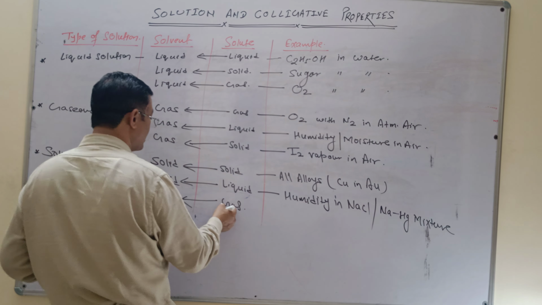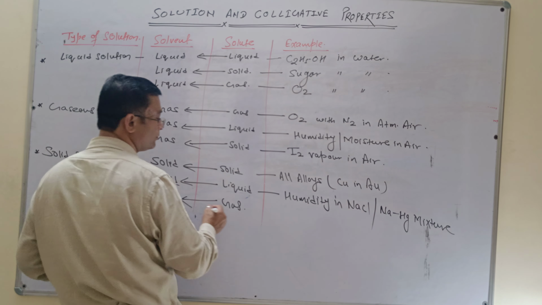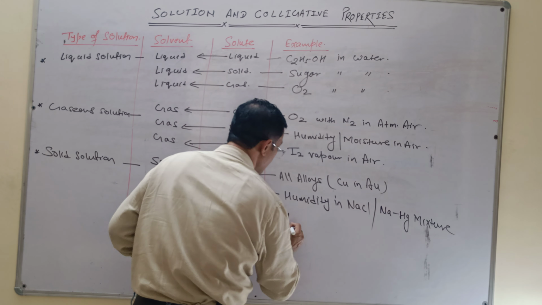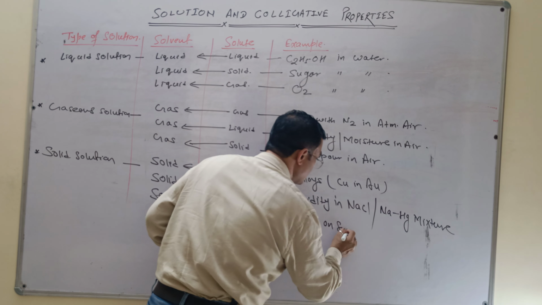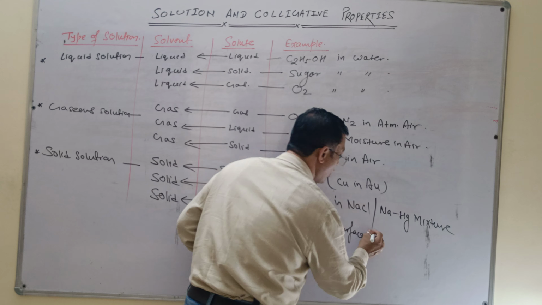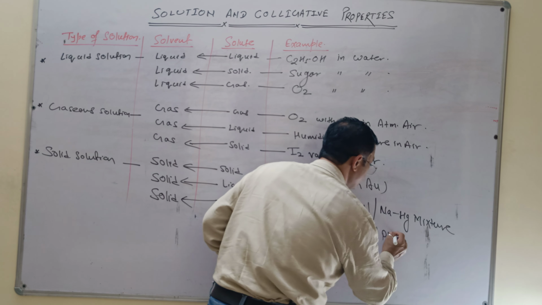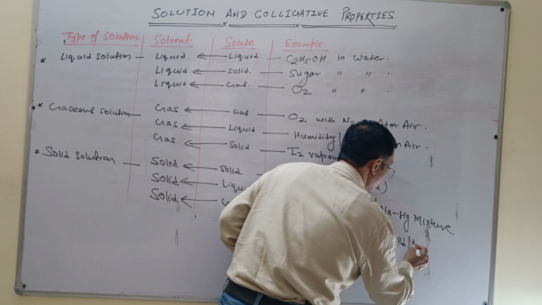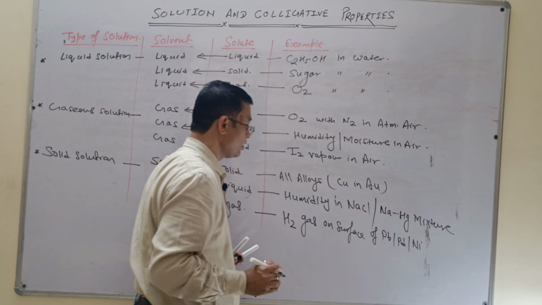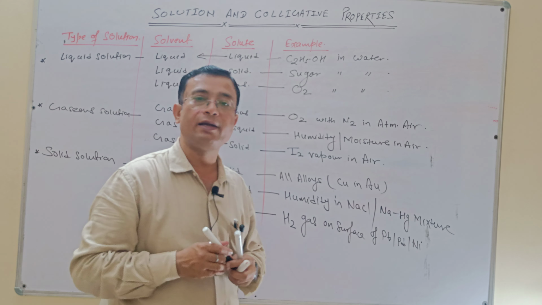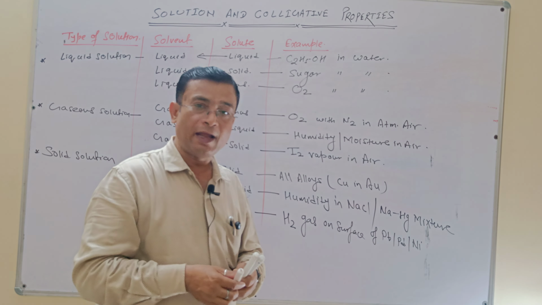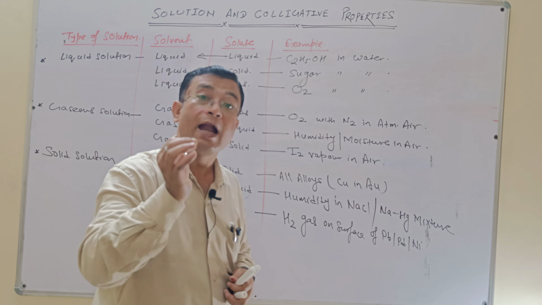In the same manner, the gas dissolved in the solid, then what you can say here: hydrogen gas on the surface of platinum, palladium or nickel catalyst. When hydrogen gas comes on the surface of platinum, palladium, nickel catalyst, then actually this is the example of adsorption.